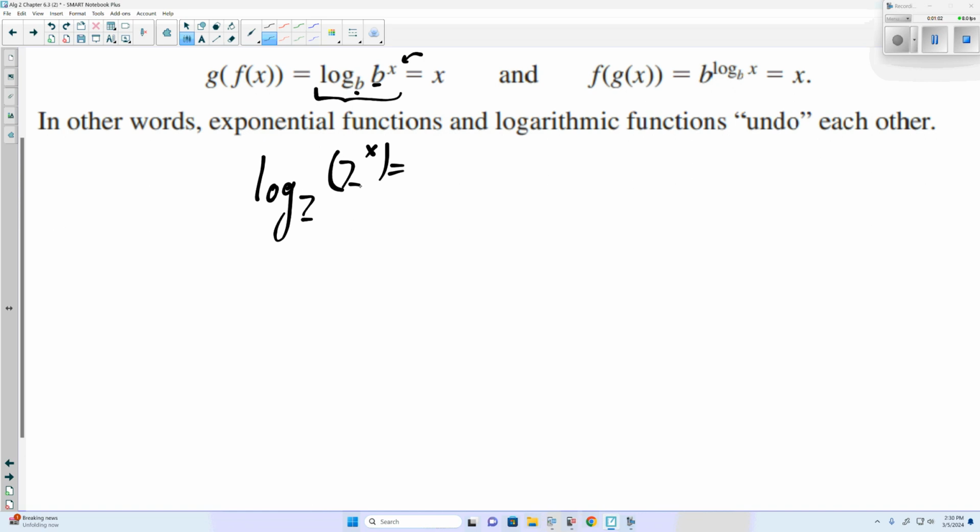Well, since the 7 and 7 are the same, this reduces to x. I mean, we could say log base 8 of 8 to the third, and this would reduce to what? Log base 8 of 8 to the third would reduce to 3. Because when the base and the number inside the log are the same, they simplify, and we just have the exponent.